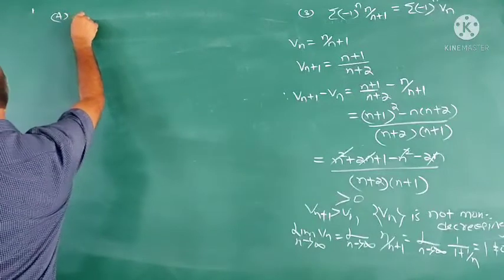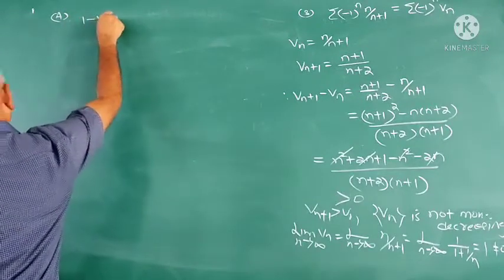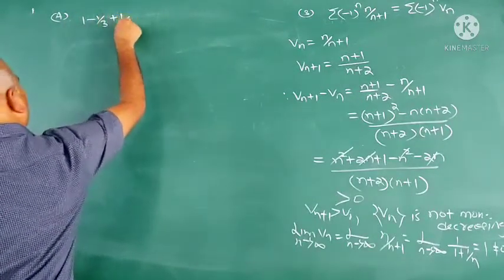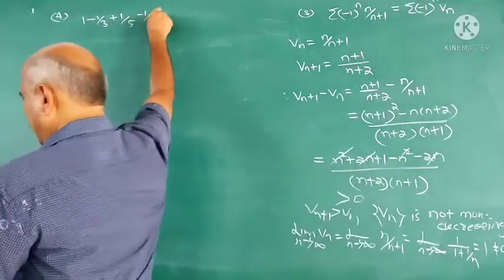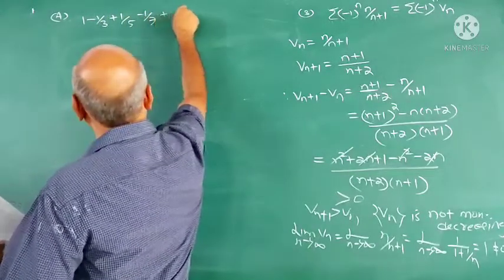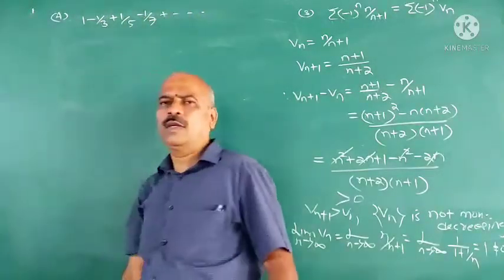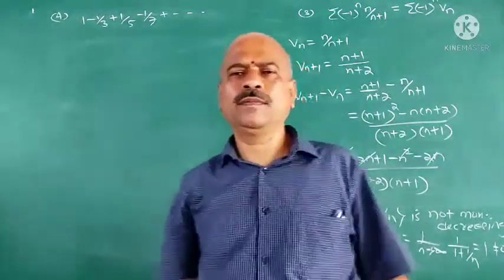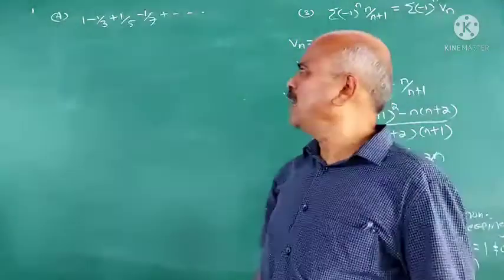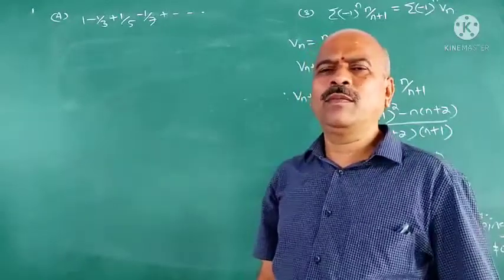Next, fourth one. Test the convergence of 1 minus 1 by 3 plus 1 by 5 minus 1 by 7 plus etc. Test the convergence of this. So we have to write it in the standard form. What is the standard form?